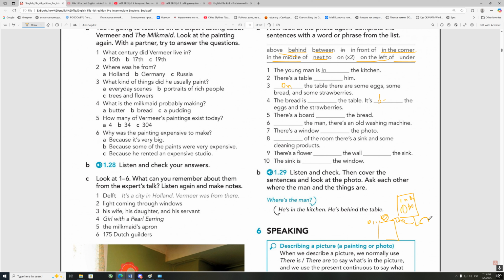On the box. The ball is above the box here. Above. So it doesn't touch the surface. That's why it's above. Above the box. It's between, yeah.